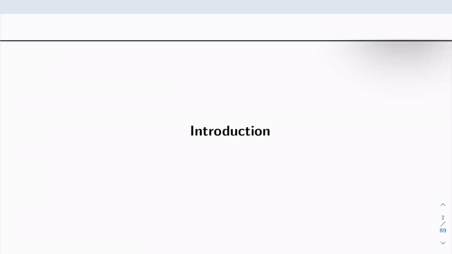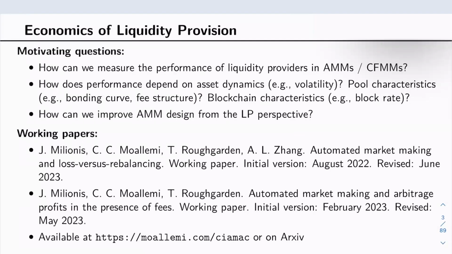What I'm going to talk about today are fundamental questions involving the economics of liquidity provision, of being a liquidity provider in an automated market-making protocol like Uniswap or Curve or whatever. The high-level motivating questions are things like: how can we measure the performance of liquidity providers?